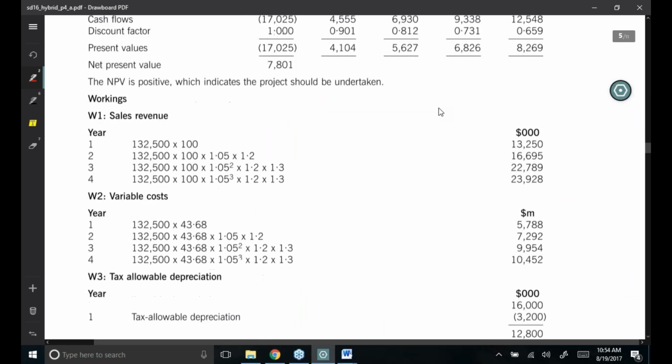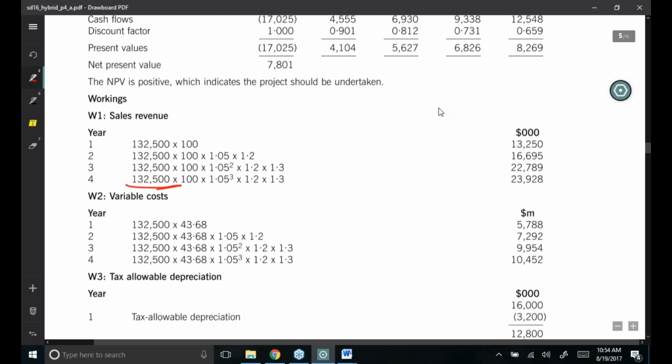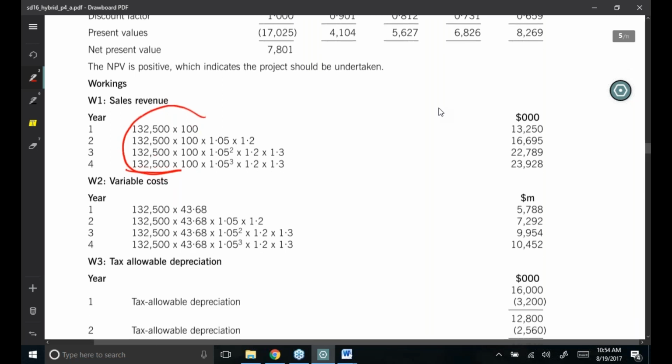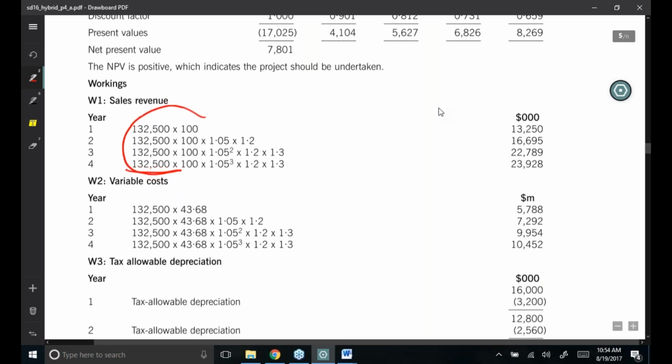Okay, these are units. This is selling price, and these are the inflation rates. This is selling price, this is inflation rate. This is a factor by which your units are increasing every year. Obviously, you can solve it in a different way, like 1, 2, 3, 4. In first year, units are 132.